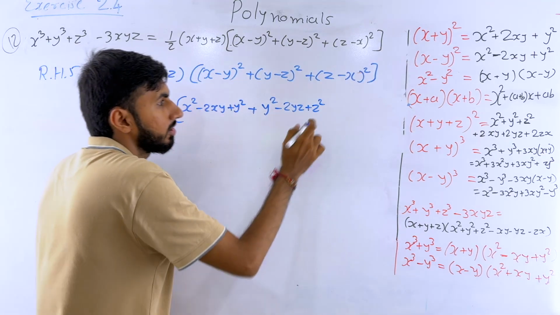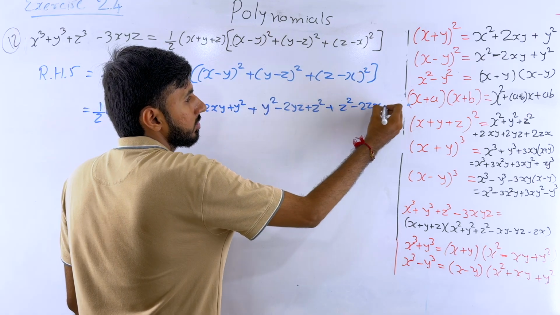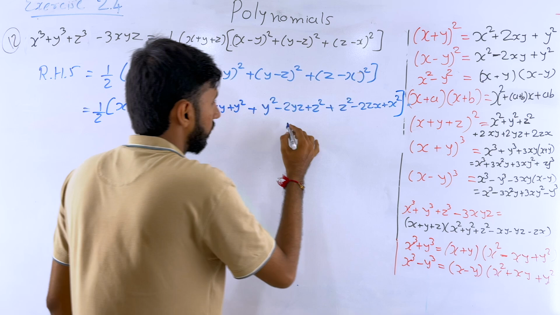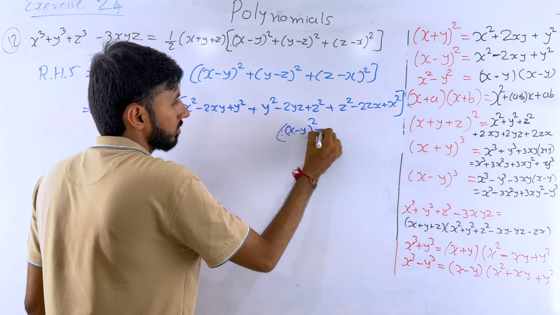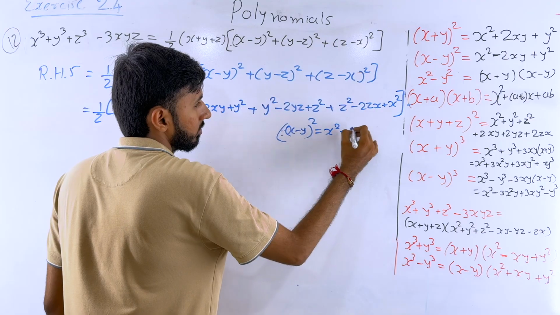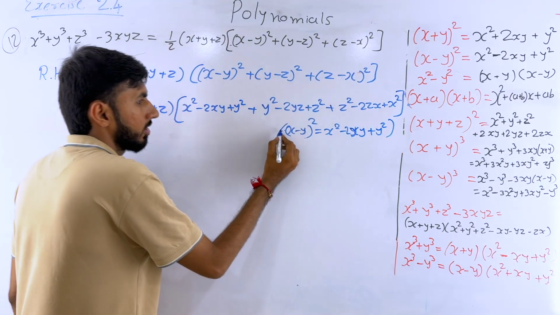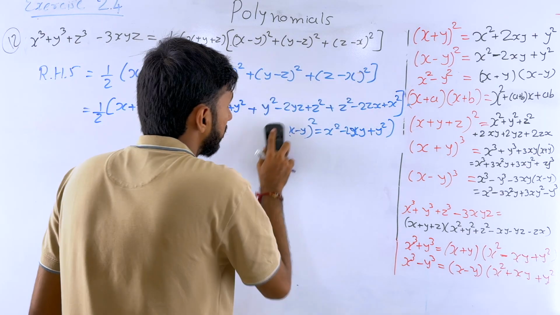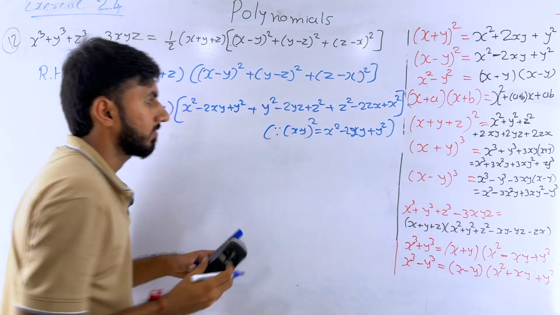Now for the third one, z square minus 2zx plus x square, very true. You have to mention that (x minus y) square is equal to x square minus 2xy plus y square. These three dots represent 'because'. X minus y, why have we written this?